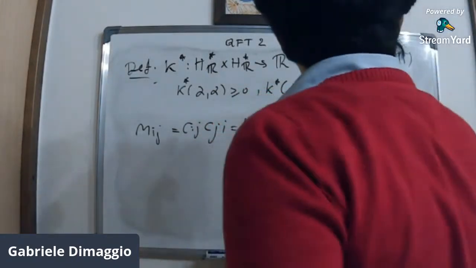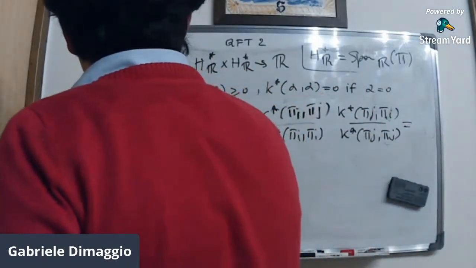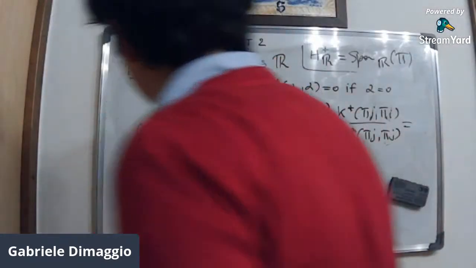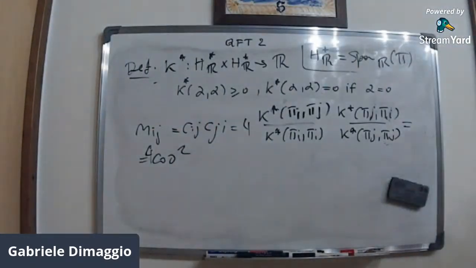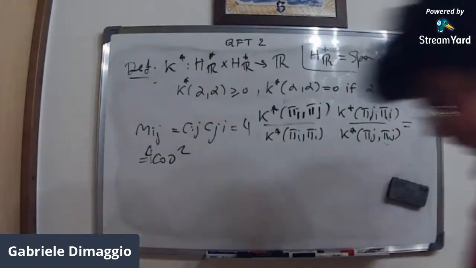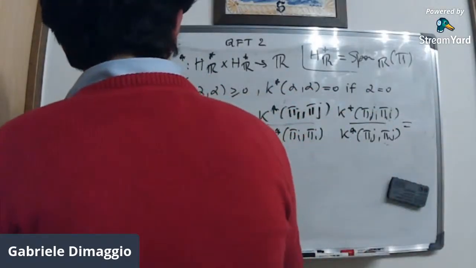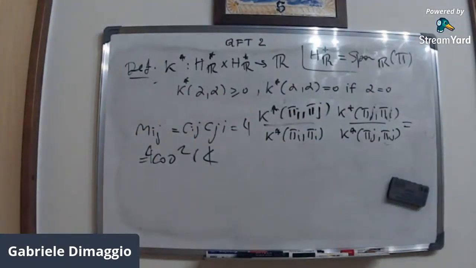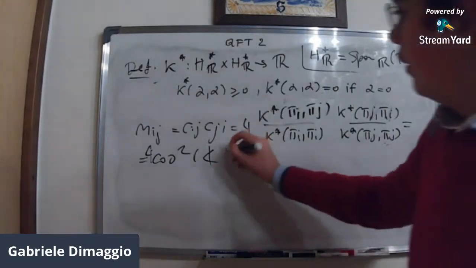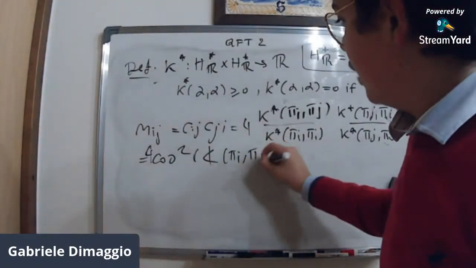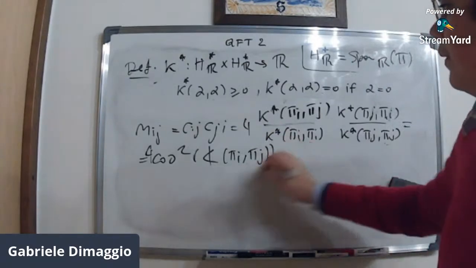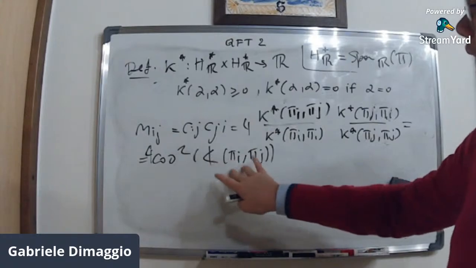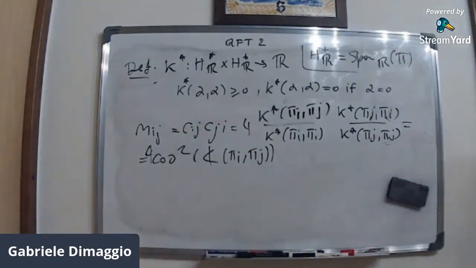This is equal to 4 times the cosine square of the angle between pi_i and pi_j.